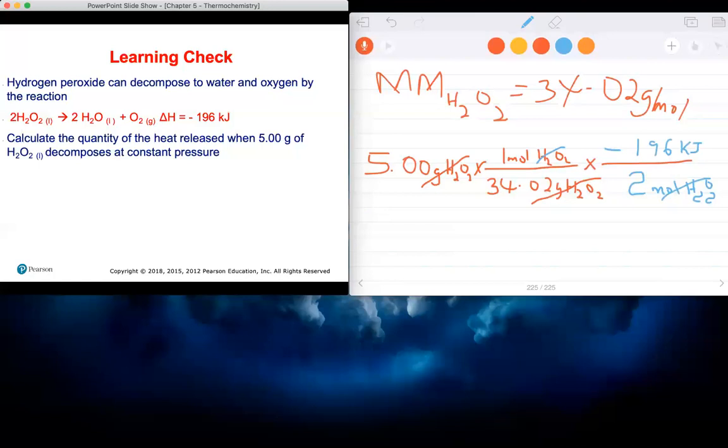I'm just dividing, and I see that this is 14.4 kilojoules given off. This is negative.